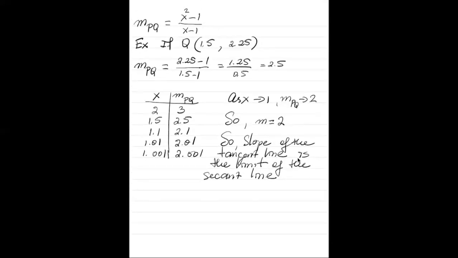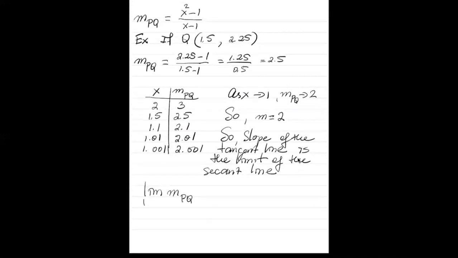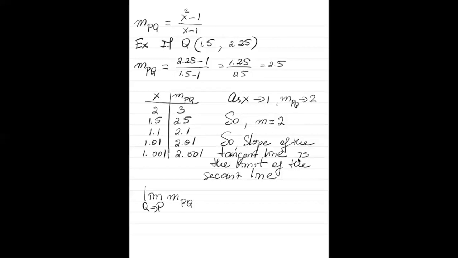In other words, if I take the limit of the slope of the secant line PQ and let Q approach P, which is the same as x approaching 1, that limit is equal to m, which is the slope of our tangent line.